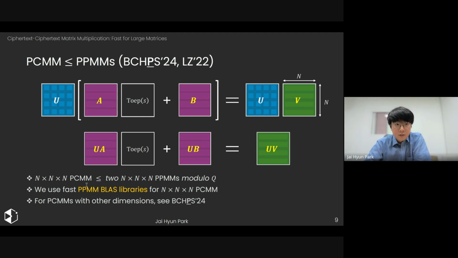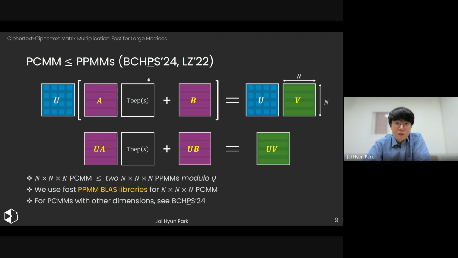Okay, so this is a reduction, and this is how we use BLAST libraries for PCMM or CCMMs. This is a special case for a specific dimension that matches the ring degree of the underlying ring of the ciphertext. And for other dimensions, please see our paper.